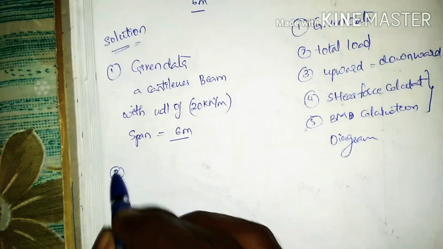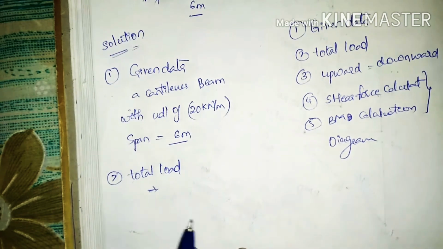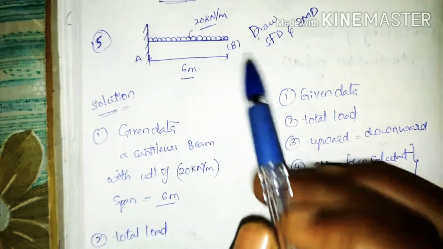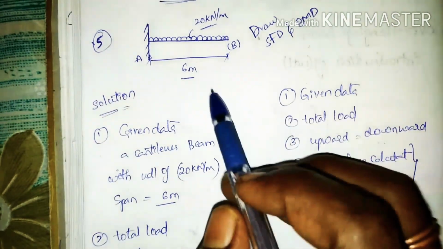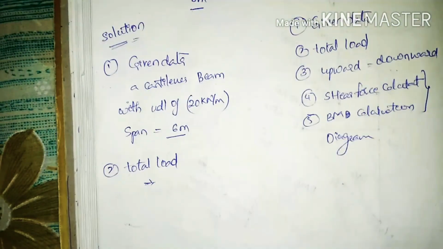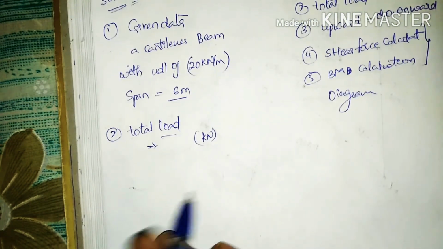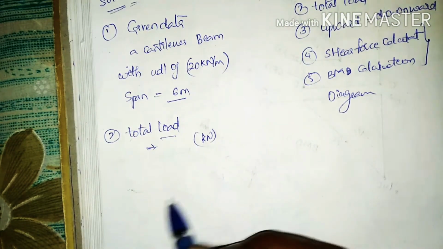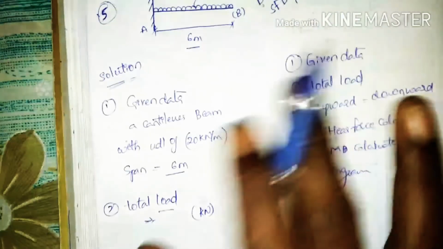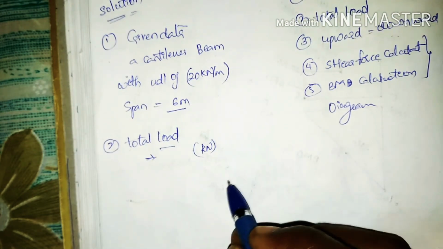Number 2, total load. What is total load? The load which is going to act on a beam. Here we have only one UDL, in kilonewton per meter, so that the load should be in kilonewtons. So we multiply the UDL by the length over which the UDL acts. Here the UDL is acting over the entire span, that is 6 meters.